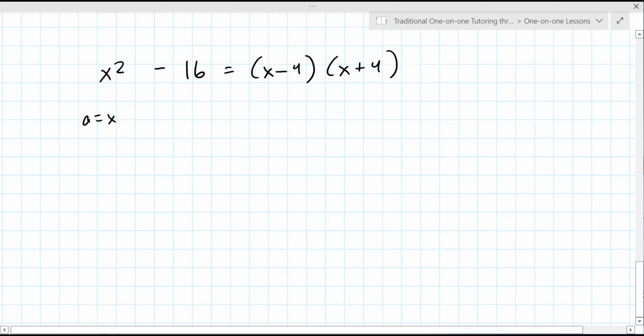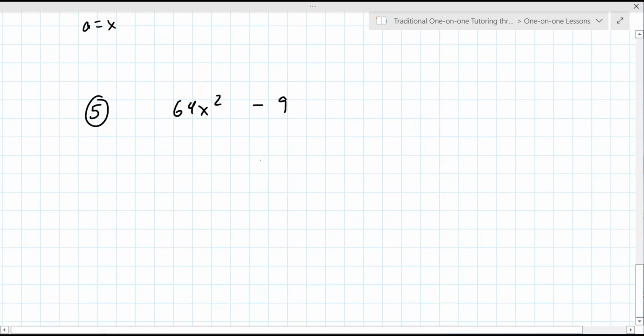Now, to make this just a tiny bit more difficult, you'll notice in your problem number 7. Actually, we'll go to 5 first. It says 64x squared minus 9. This one's just a tiny bit more difficult. The 9's not too bad.